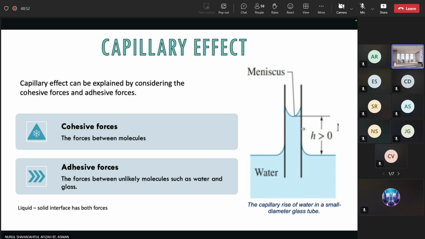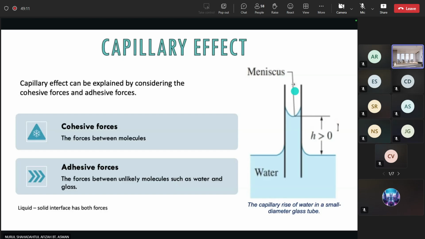So capillary effect can be explained by considering the cohesive force and adhesive force. So cohesive forces is the forces between like molecules, and adhesive force is forces between unlike molecules such as water and glass.